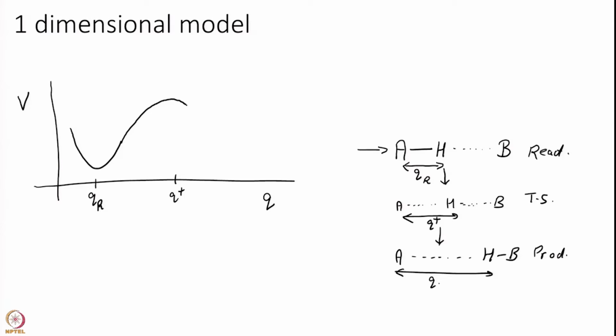Along the reaction coordinate, I have only one coordinate, which is the reaction coordinate, and when Q is very large, you will have another minima. So, this is my reactants, this is the transition state, this is the product. I simply want to understand transition state theory for this simple one dimensional model today. Okay. So, nothing complex.